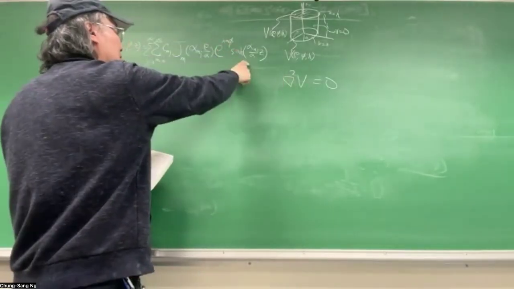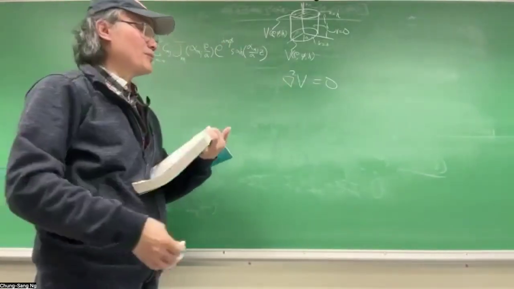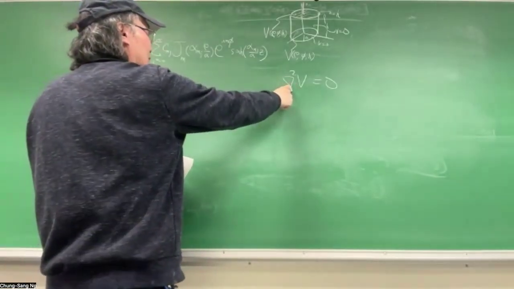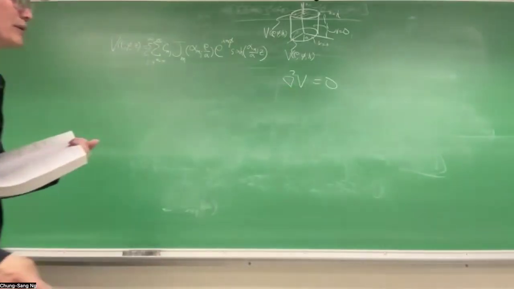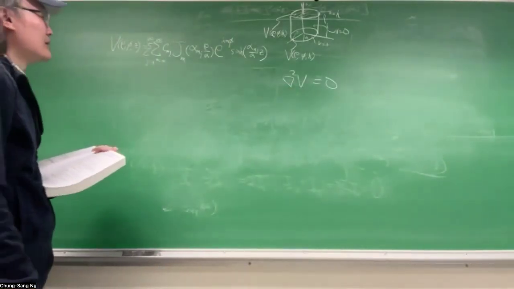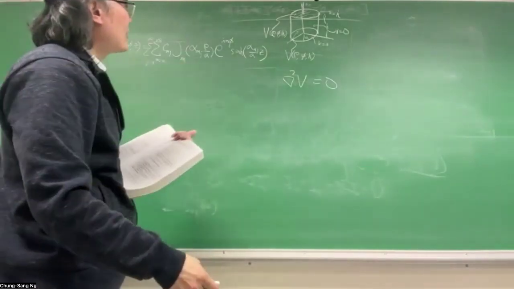For the z part, instead of simple harmonic oscillator it becomes an exponential function solution, because that requires all the constants to add up to 0, so you cannot have all of them positive or all of them negative. And the radial part is the most complicated.